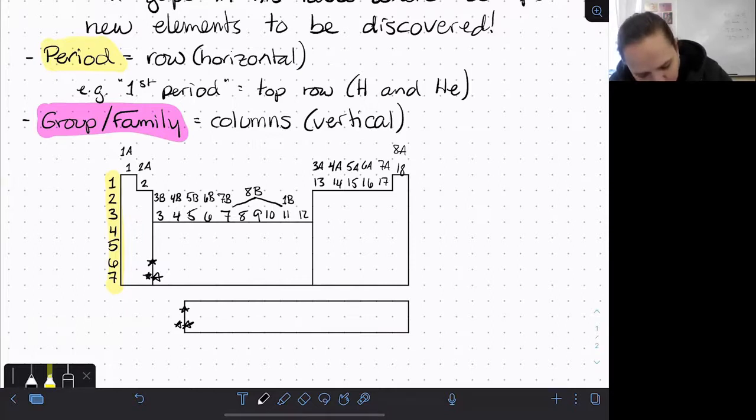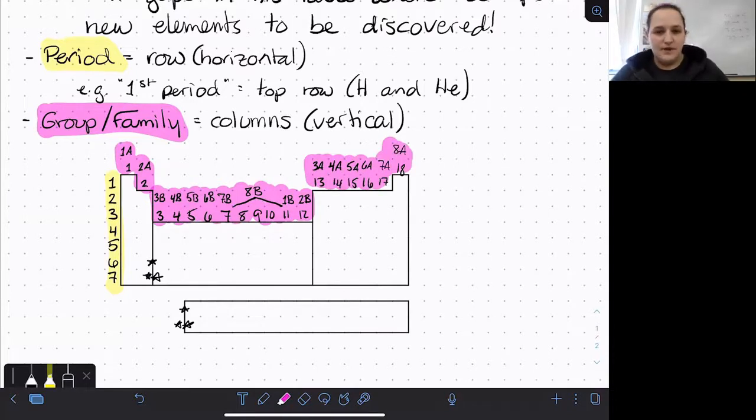And then we circle back to 1 and 2. So you don't need to memorize the weirdness in the B section. These numbers with the B's don't get used very often, but the 1 through 8A nomenclature does get used pretty frequently. So those are a couple different ways of notating or labeling the groups and families.